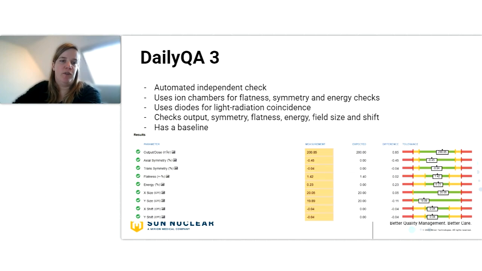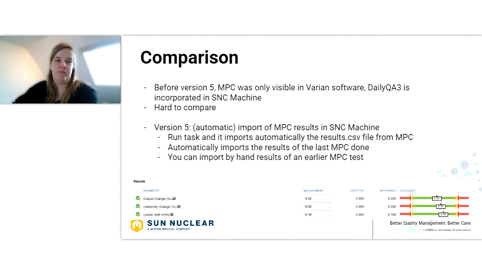And then the daily QA, we do this every week as an independent check. Daily QA uses ion chambers for flatness, symmetry, and energy checks, and diodes for light radiation coincidence. The daily QA also checks output, symmetry, flatness, energy, field size, and shift, and it also works with a baseline.